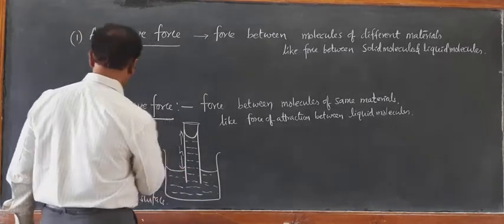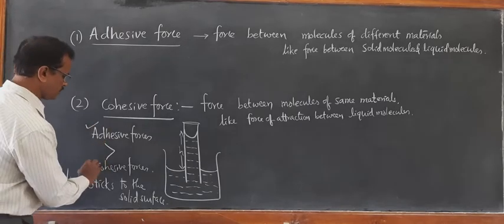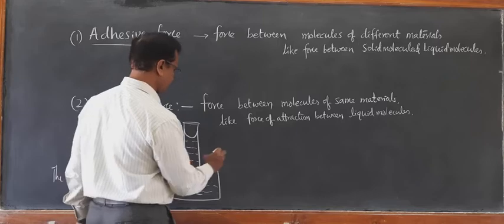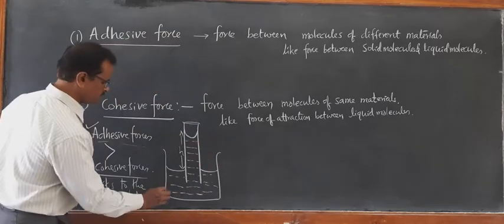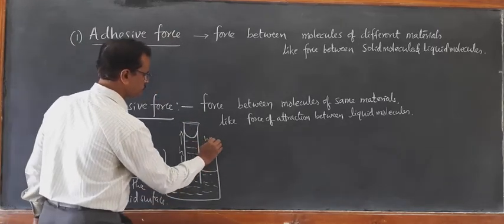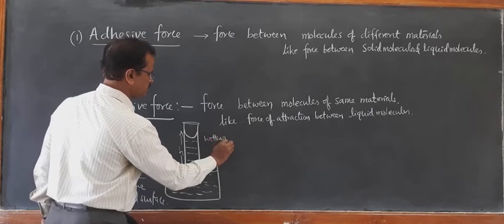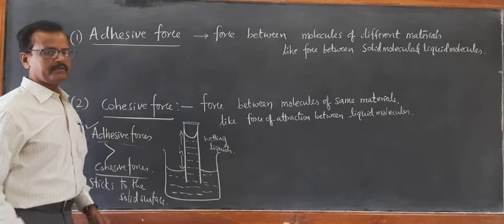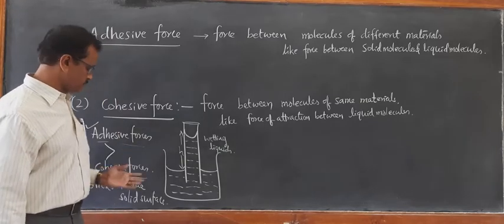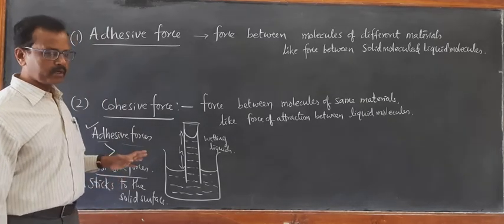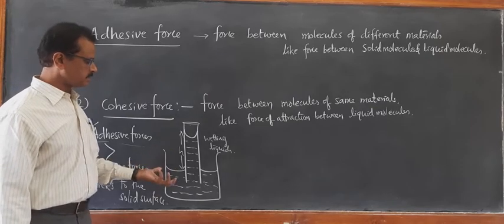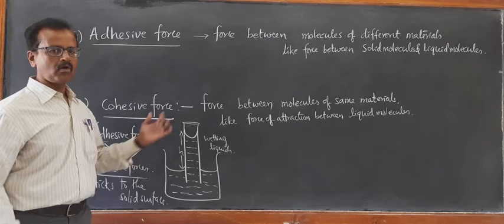Whenever adhesive forces are stronger than cohesive forces, sticking takes place. That's what we call wetting. So such liquids are wetting liquids. Wetting liquids are the ones wherein the adhesive forces dominate over cohesive forces. As a result, there is a rise in the level and it will form a concave meniscus.